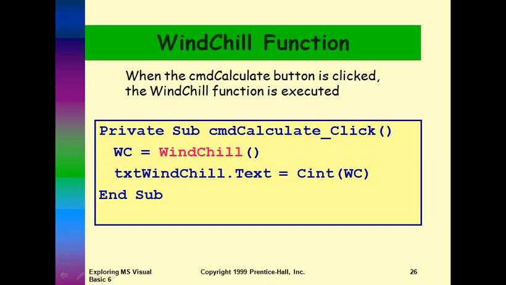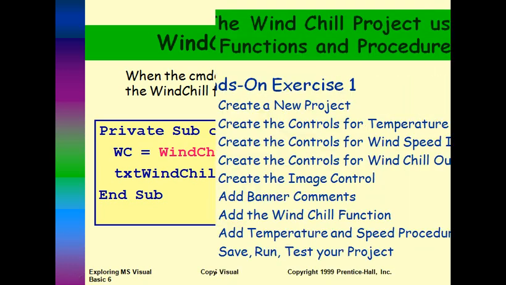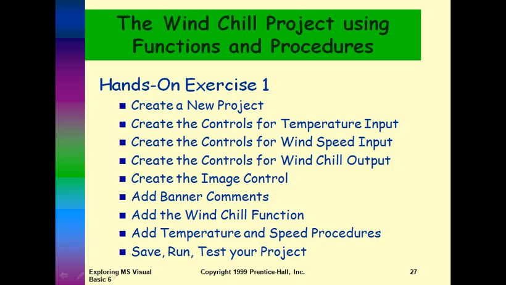When the cmdCalculate button is clicked, the wind chill function is executed. Private Sub cmdCalculate_Click: WC becomes WindChill, and txtWindChill.Text becomes CInt(WC). End Sub.